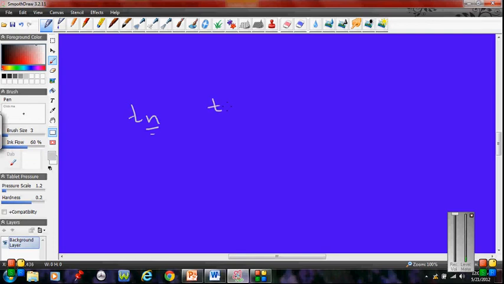So T2, T3. I made a mistake over here. When I wrote Tn3, it was actually incorrect because you actually write T3 because n is the term number. So you just write it like that, and then that makes it much simpler.